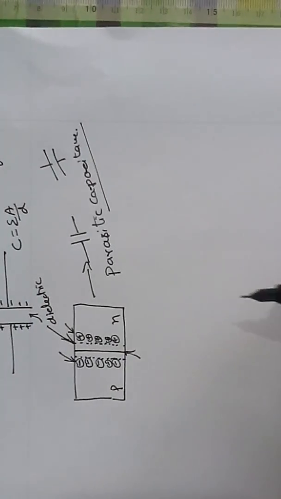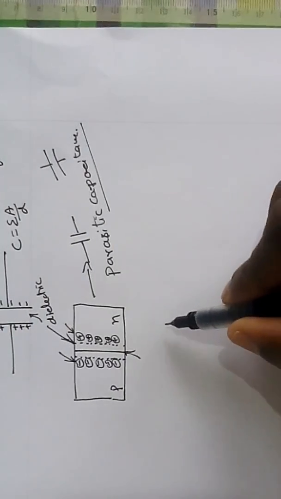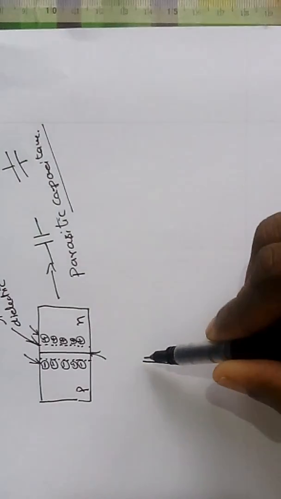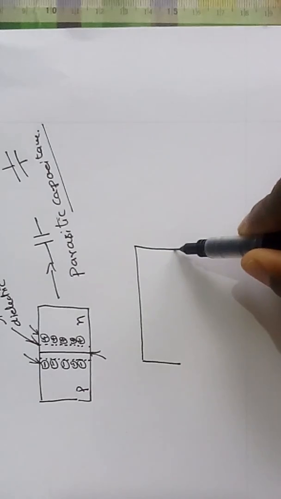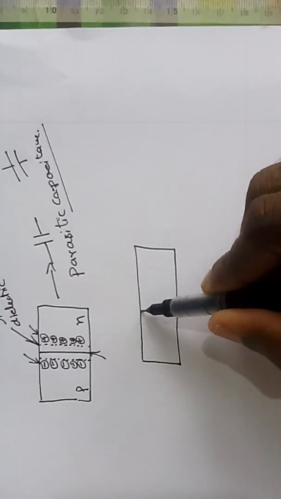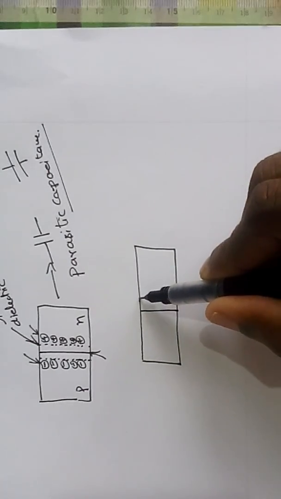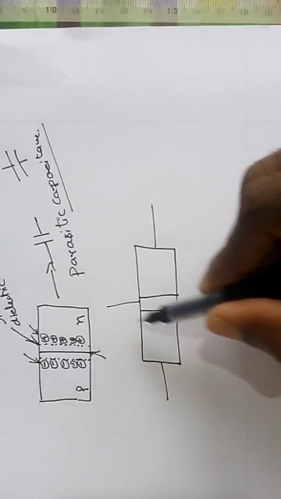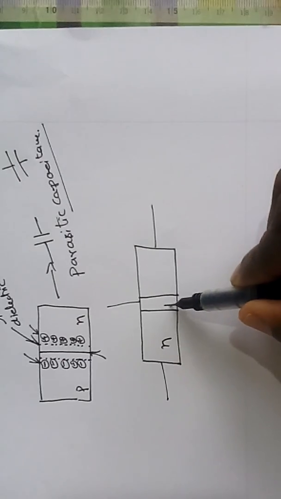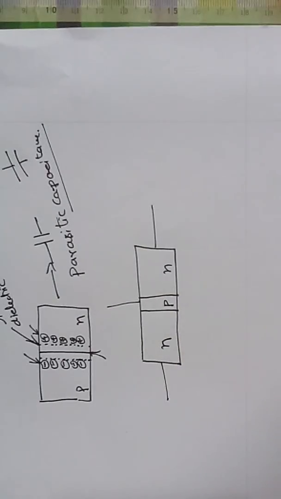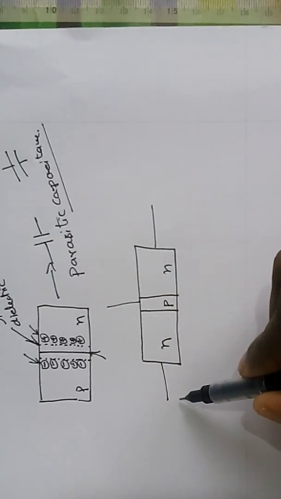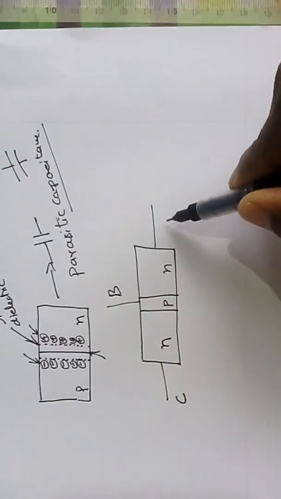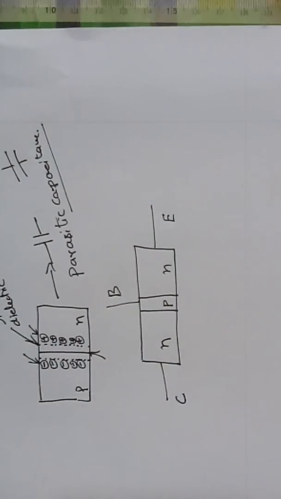Suppose we consider a transistor which is made out of two junctions. If I write an NPN transistor, let us identify the terminals as collector, base and emitter.